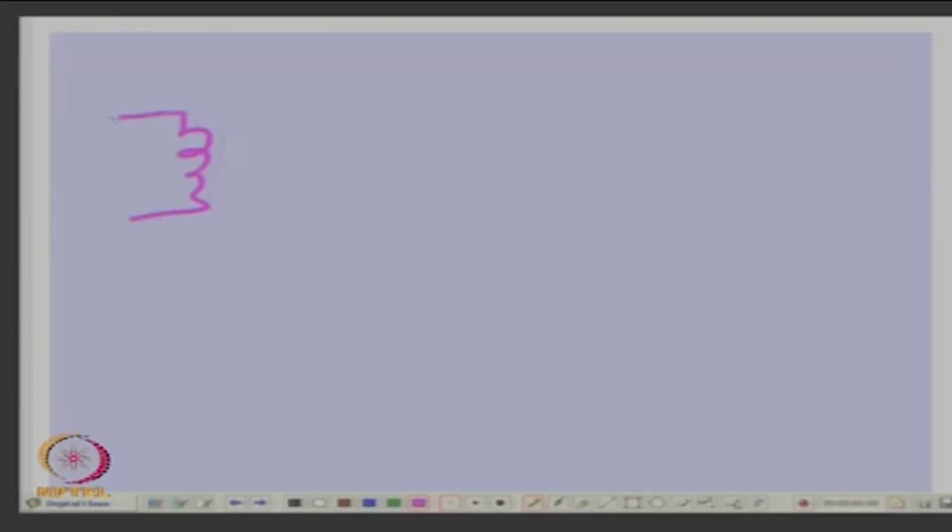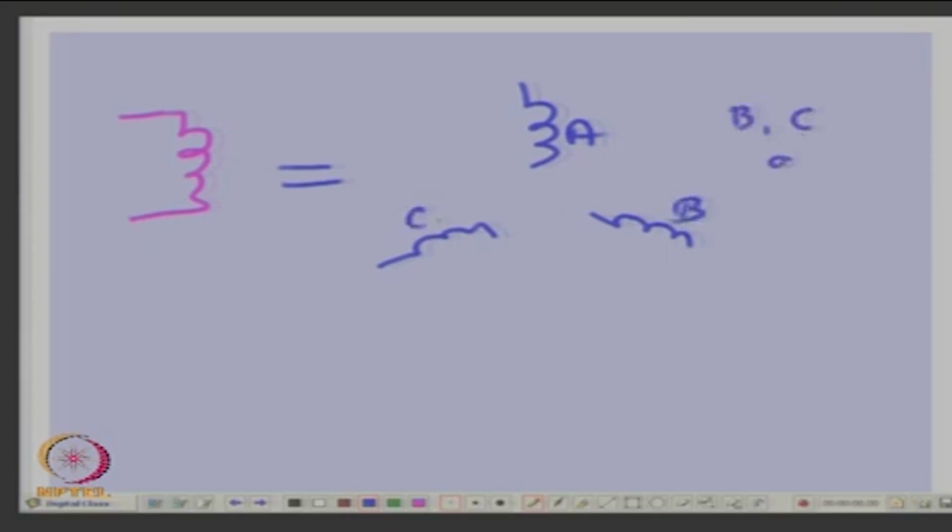If I have a single phase winding, this is all I have. Now, what I did was, I said this can be considered as a 3 phase winding, ABC and BC absent.